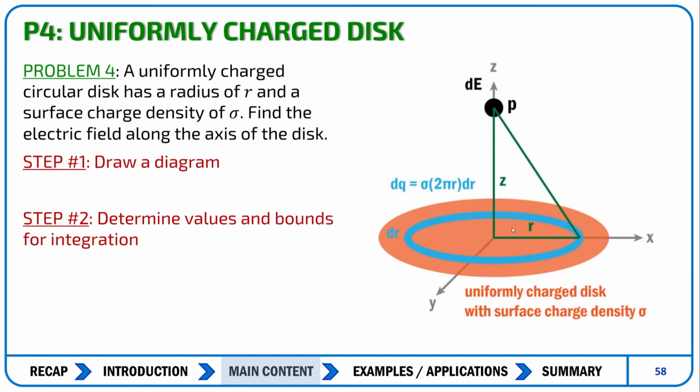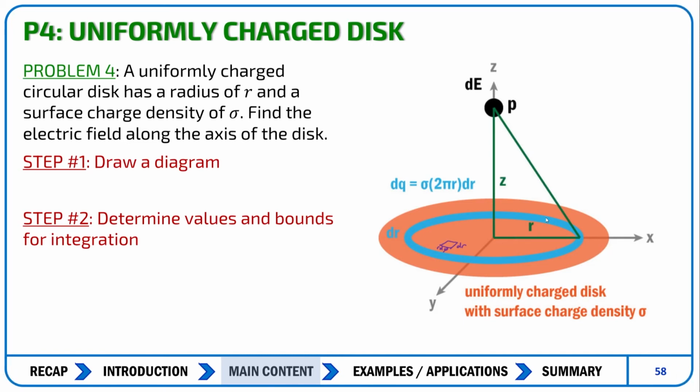So there are two options when going about an area. First, you can do something like this, where you have some sort of dr, and then you have r d phi, for example. Or you can take advantage of dr and actually get the entire circumference of the ring.